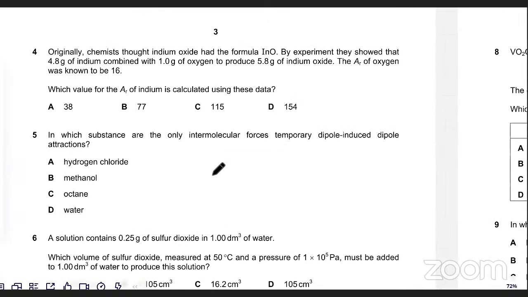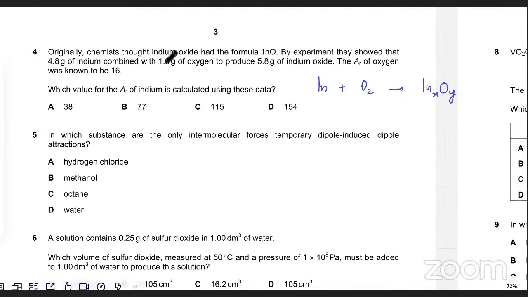So the question is, there's indium, which I think is In. It's reacting with oxygen. It's combined with 1.1 grams of oxygen to produce 5.8 grams. Now, oxygen, when it just says oxygen, it's probably the diatomic oxygen, O2. And it forms indium oxide. We don't know what the formula of this indium oxide is.